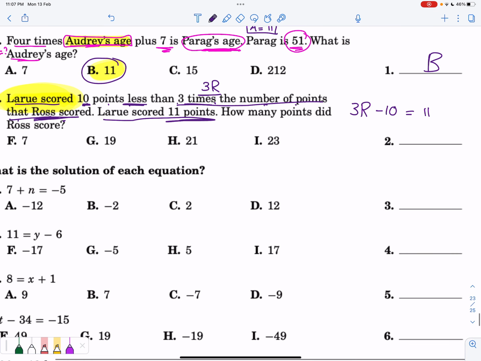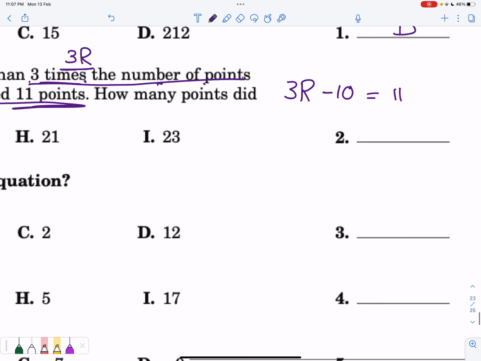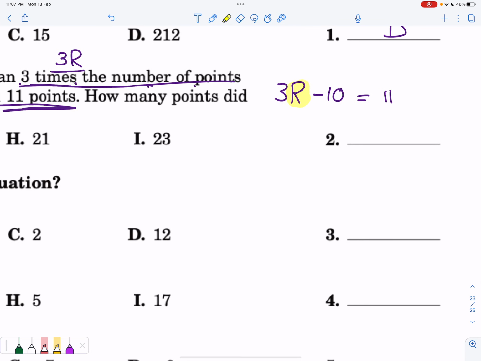So how many points did Rose score? If you can see here, the only unknown thing is R, which represents how much Rose scored. So we need to solve that equation. Now, I have the 10 subtracted from the 3R, so I need to add it, doing the inverse operation to both sides.